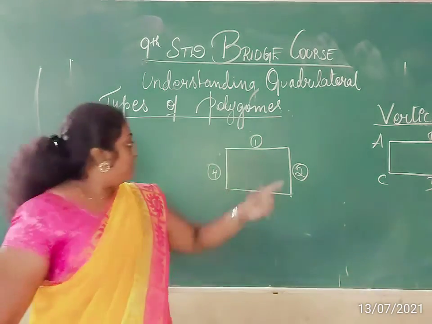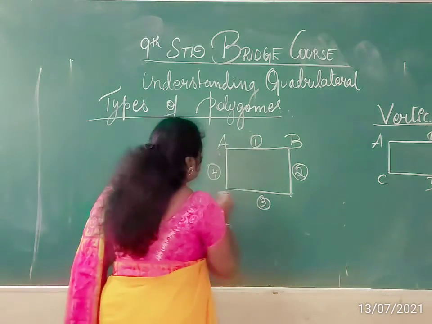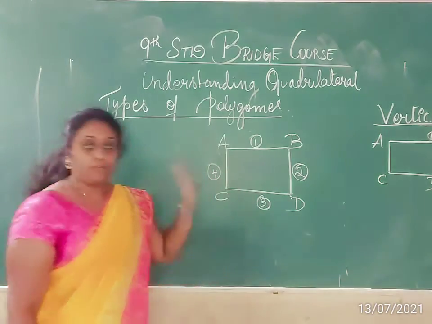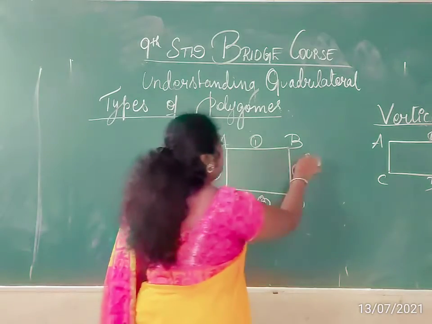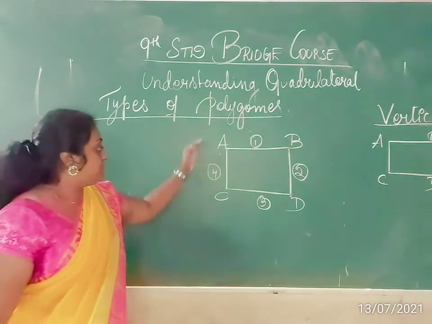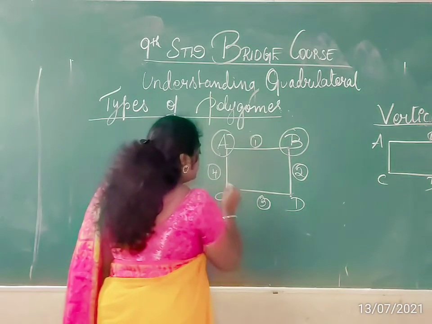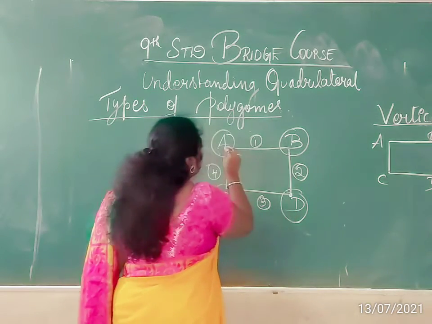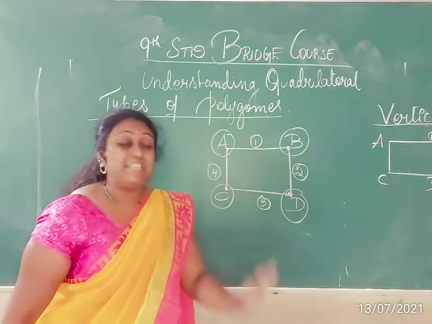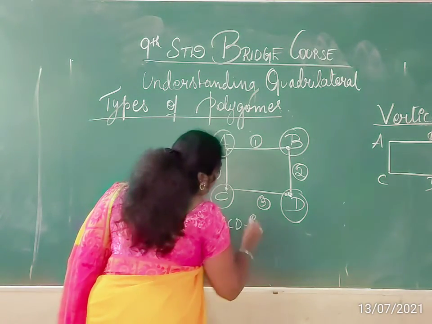Now I have to label it: A, B, C and D. So how many sides? 1, 2, 3, 4. 4 sides, and I am labeling them as A, B, C and D. Now these A, B, C and D are said to be your vertices.